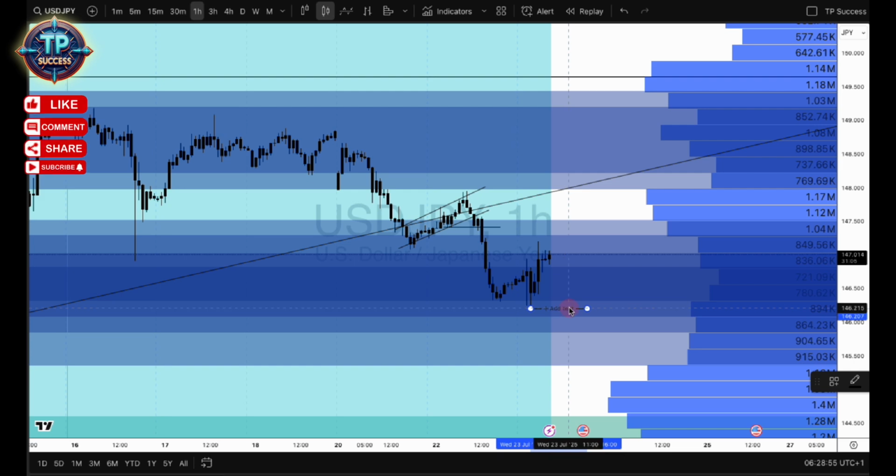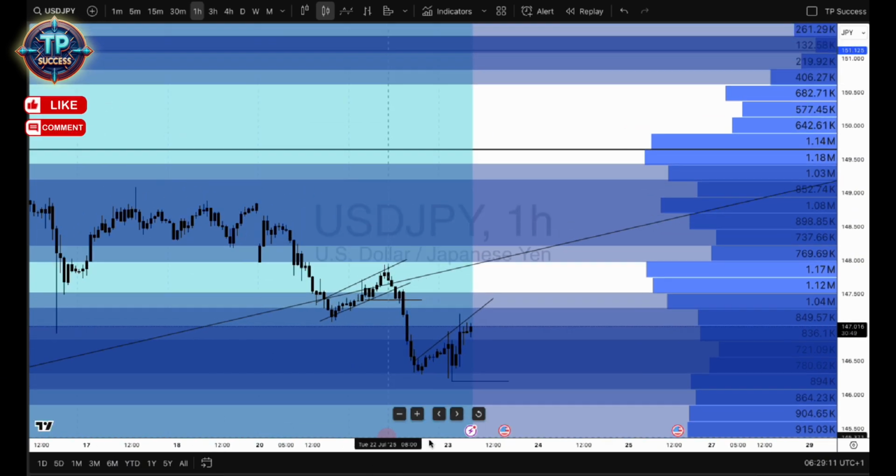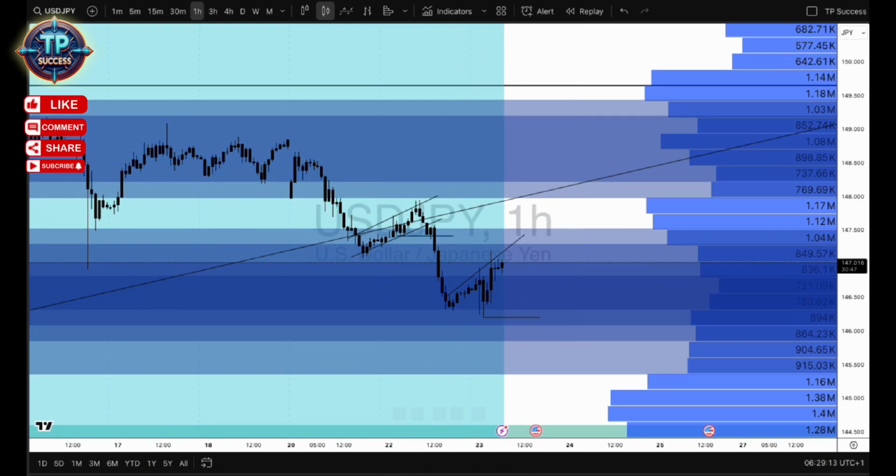You could argue and say, hey, I want to go with this one or maybe this one over here, but in my opinion, I think this one is the safest, right? So what you do is you drop a little level on here like so, and then we wait to see what happens. That's it. We just wait to see what happens.